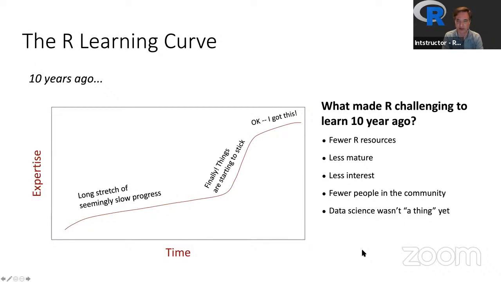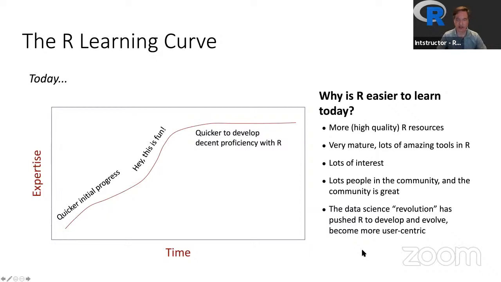There wasn't as large of a community, and getting started was kind of difficult. There were some posting boards where you could go with questions, but sometimes those boards were maybe not quite so friendly for beginners. And I think the environment was just less set up to help people new to R really get into it and learn it. That has changed immensely, particularly in the last 5 years or so.